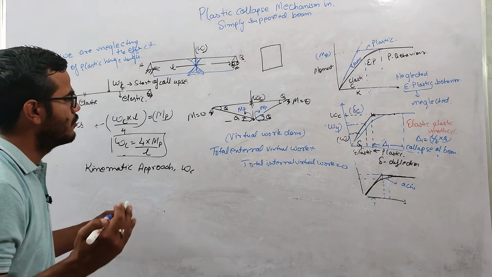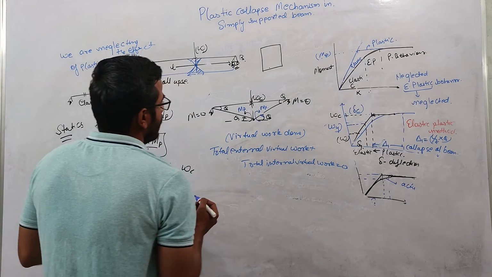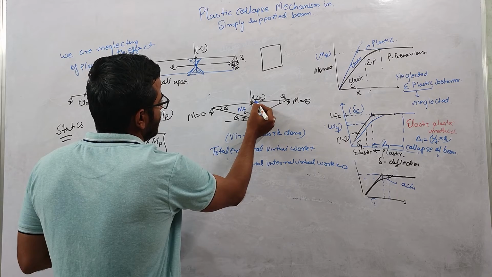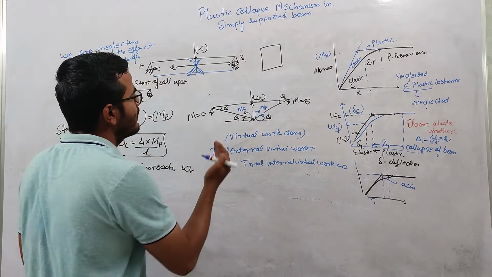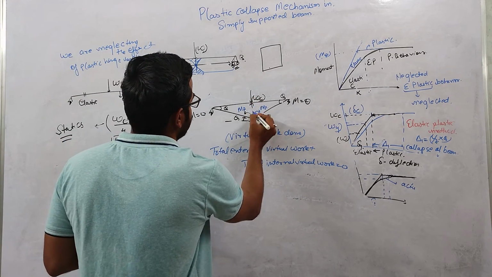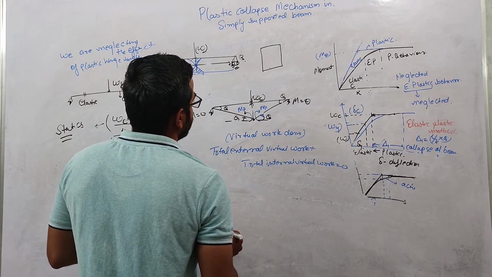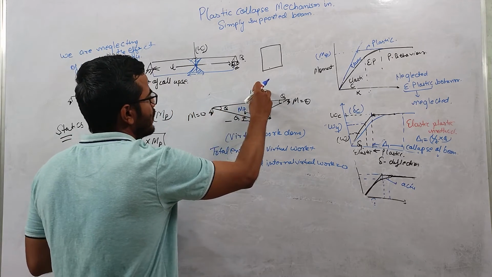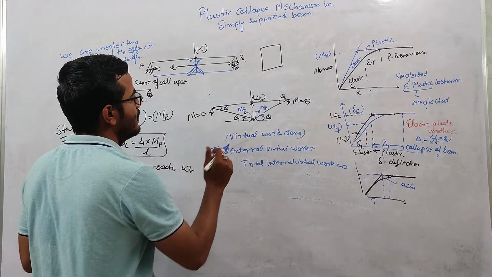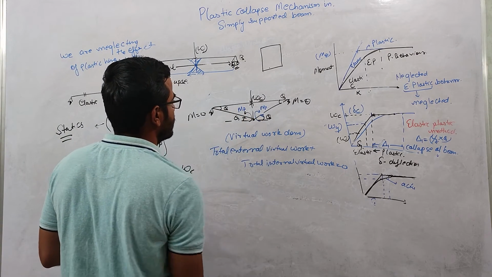So what is the virtual work over here? Total external virtual work. When this load is increased to WC, now if you give a slight displacement of this amount, this delta amount, this deflection is not due to this load basically. This is basically due to the plastic rotation of these hinges.